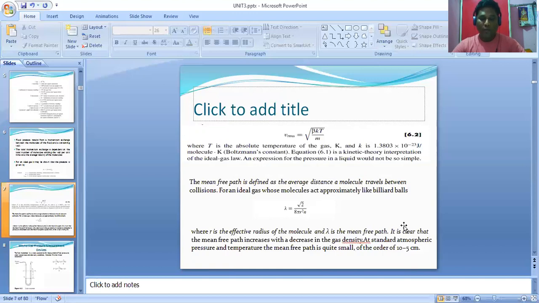At a pressure of 1 micrometer, the mean free path could be of the order of 1 centimeter.